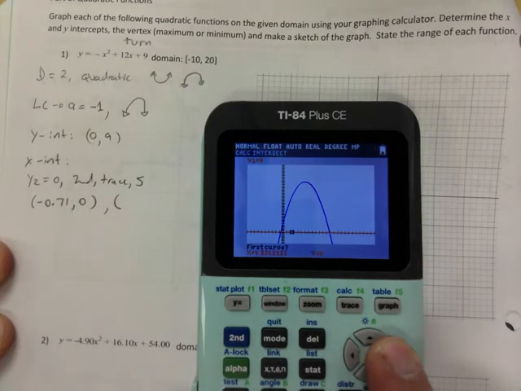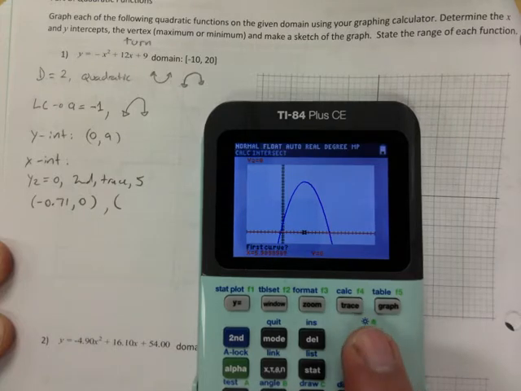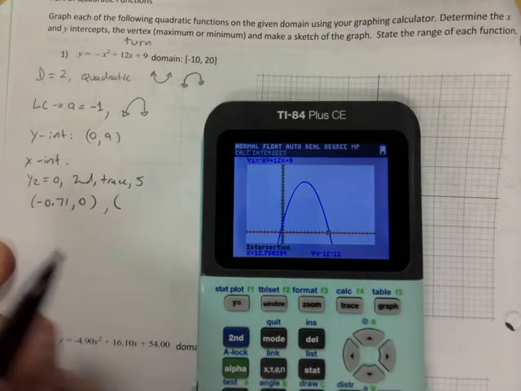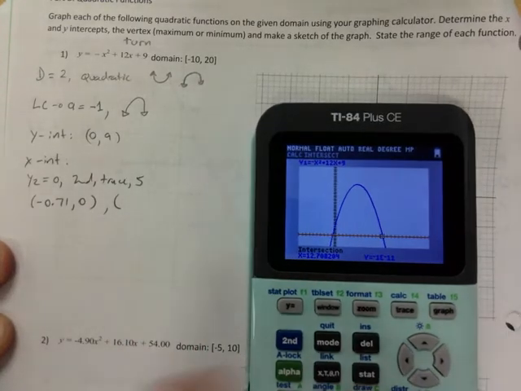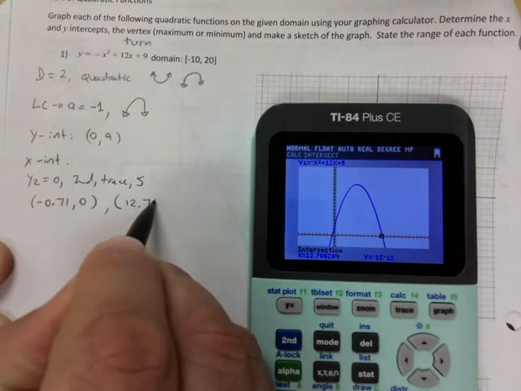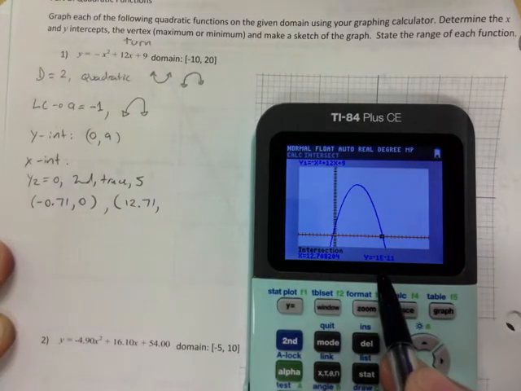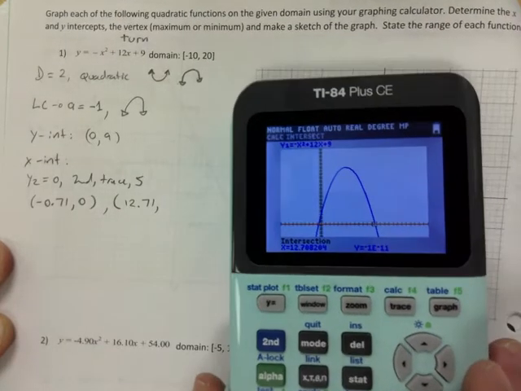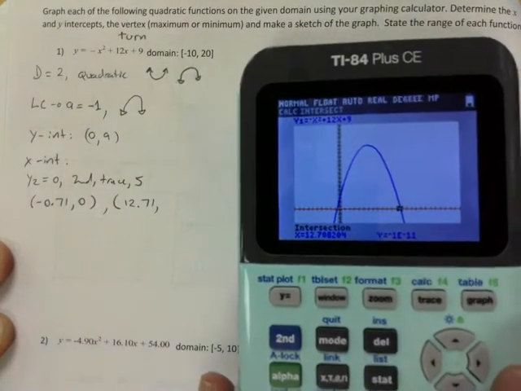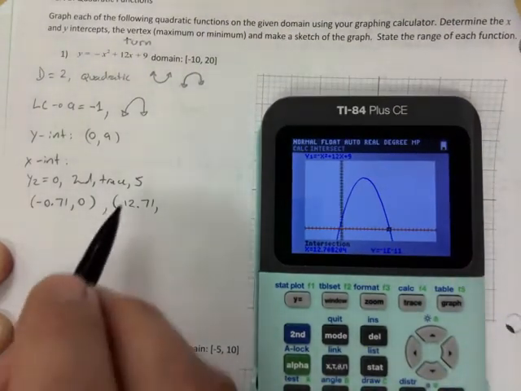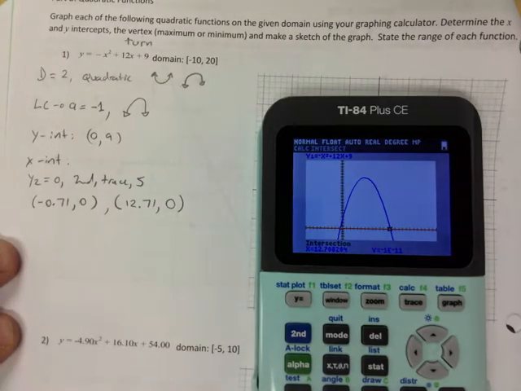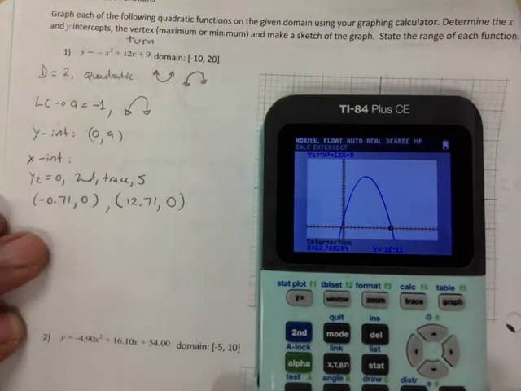You go over the red one, I go up or down arrow to jump lines, right? And then I go closer to that one, enter, enter, enter, and that one is 12.71. And that's 0. That's -1 times 10 to the -11 down here, if you're wondering what that is saying. As soon as it goes scientific notation, we just go 0, right, in this course.